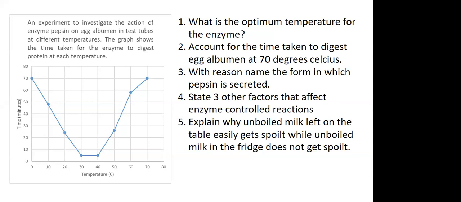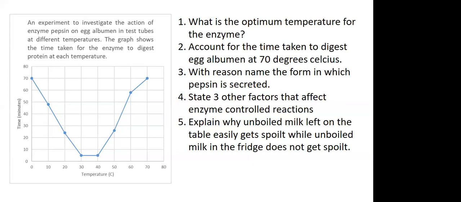So that's why we say that at low temperatures, enzymes are inactive or inactivated because they have low kinetic energy to collide with the substrate. But at high temperatures, there's too much kinetic energy that even causes the molecule itself to become denatured.